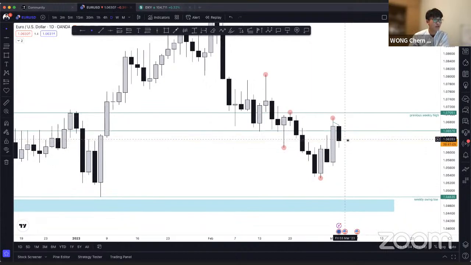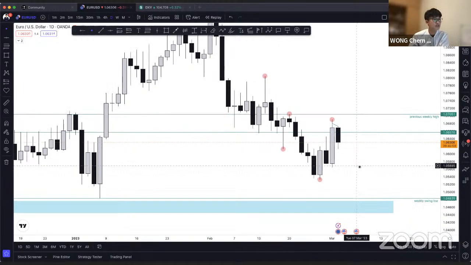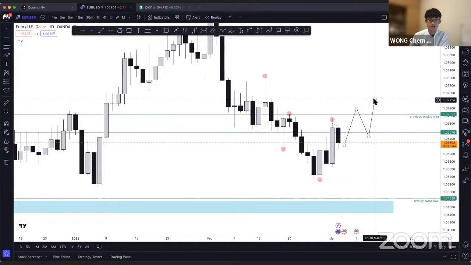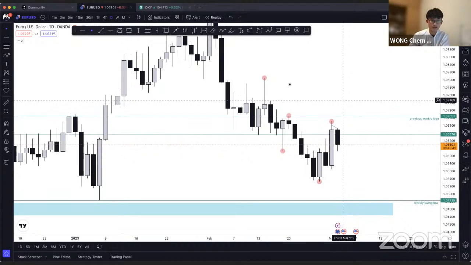Currently, we see price still respecting this previous weekly high, which is a swing high, and therefore it is still factually on a bearish trend. If you want to look for confirmation of a bullish trend, we would like to see some kind of break of structure to the upside for a buy retracement before entering. That's what we will be looking at.